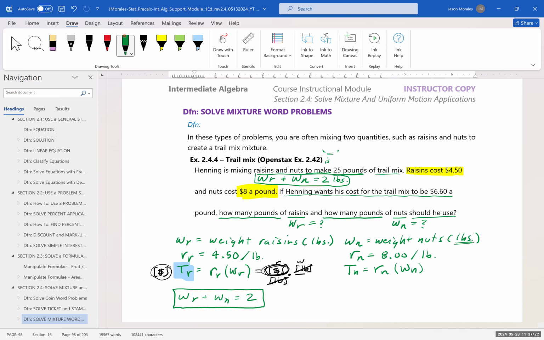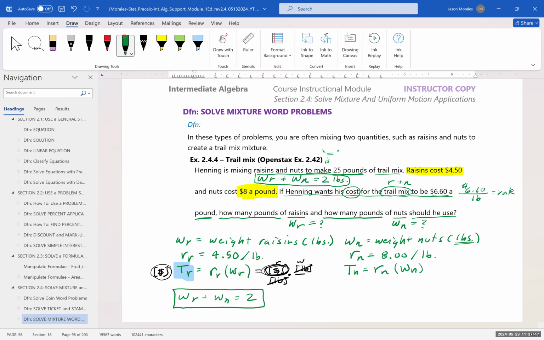The trail mix is raisins plus nuts, and because we're talking about cost, $6.60 in dollars per pound, that's a rate.